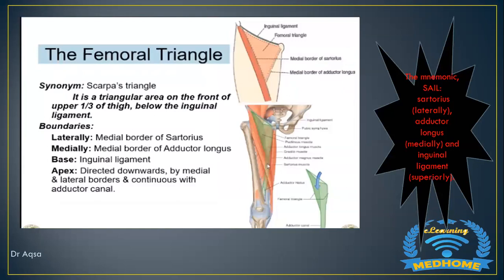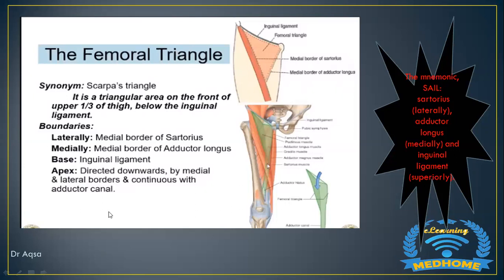Another name for the femoral triangle is the Scarpa triangle. As the name says, it's a femoral triangle, so it has a medial border, a lateral border, a base, and an apex. It's a triangular area on the front of the upper 1/3 of the thigh.